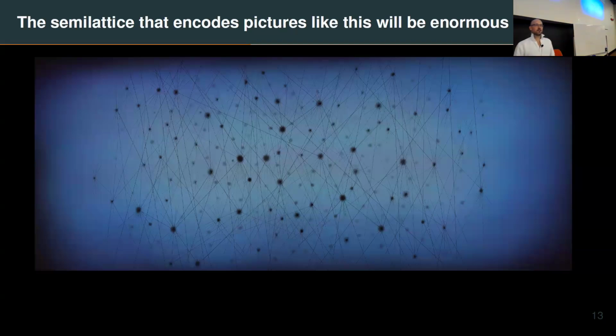So one thing that comes out of this is that the semilattice that we're going to get when we start encoding pictures will be absolutely prodigiously huge. This artist's impression heavily underestimates just how big that thing would be.